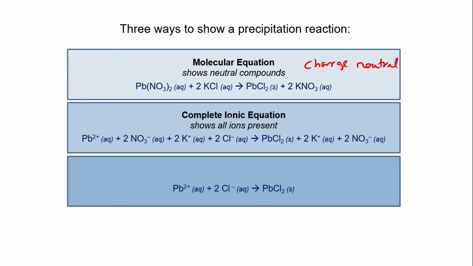The second way we can represent this precipitation reaction is by the complete ionic equation. In the complete ionic equation, what we show is all ions, meaning for any substance that dissolves, we have to dissociate and show the ions. So how do you know it? Use your knowledge of solubility rules and also the symbols that are given.